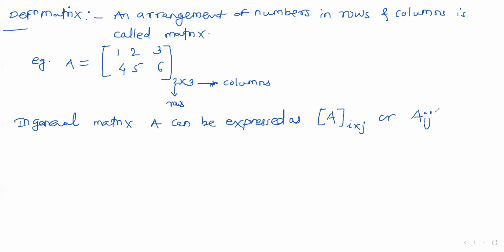This is the notation for matrix. In general, i denotes number of rows and j denotes number of columns, right? So this is the definition of matrix. Next concept is types of matrices. Now few types of matrices you already know.